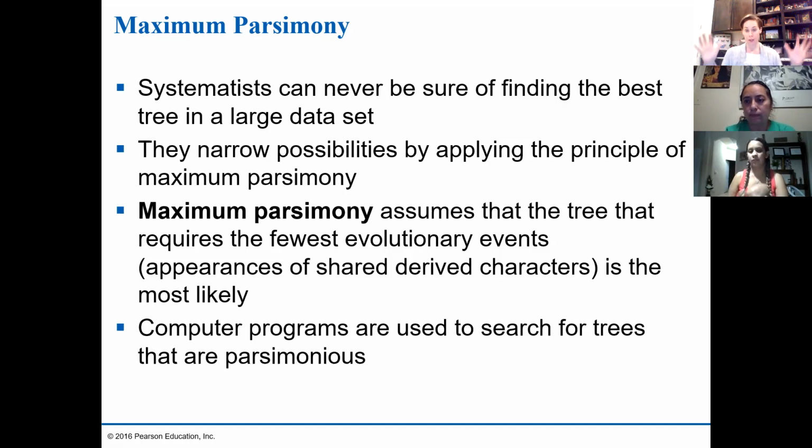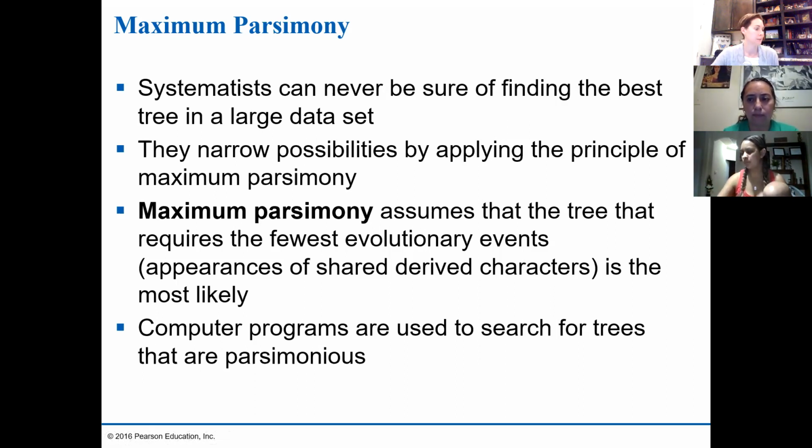So when you develop a phylogenetic tree, scientists can argue and say, well, this probably isn't totally correct, it should be something more like this. When they use maximum parsimony, they're trying to choose the fewest evolutionary events, so the fewest branches. There are probably a lot of things that we think are closely related that may not necessarily be.